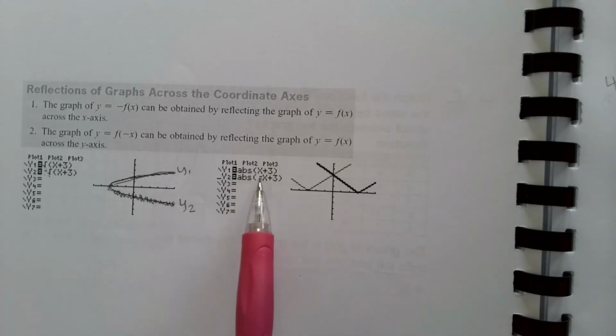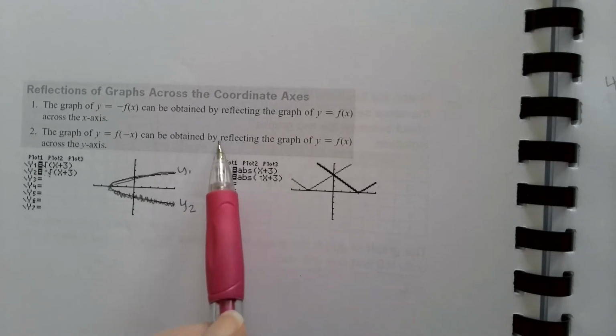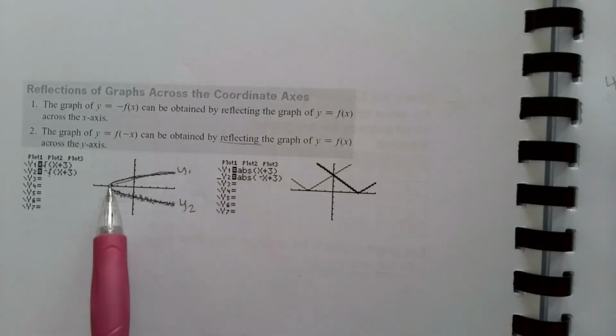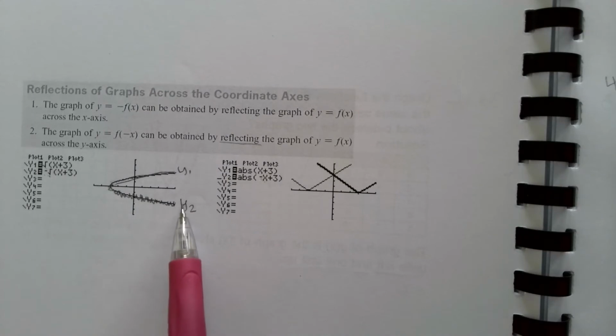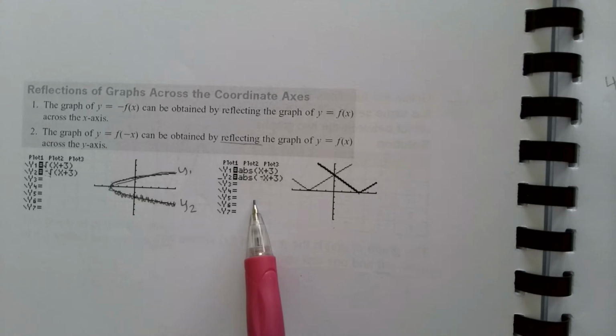Here I put the negative in front of the actual x and only in front of the x. When you change the sign only of the x, that's going to result in a graph that has been reflected, just like this one was reflected, a mirror image there. It reflected it down here, but it's going to reflect it over the y-axis on this problem.